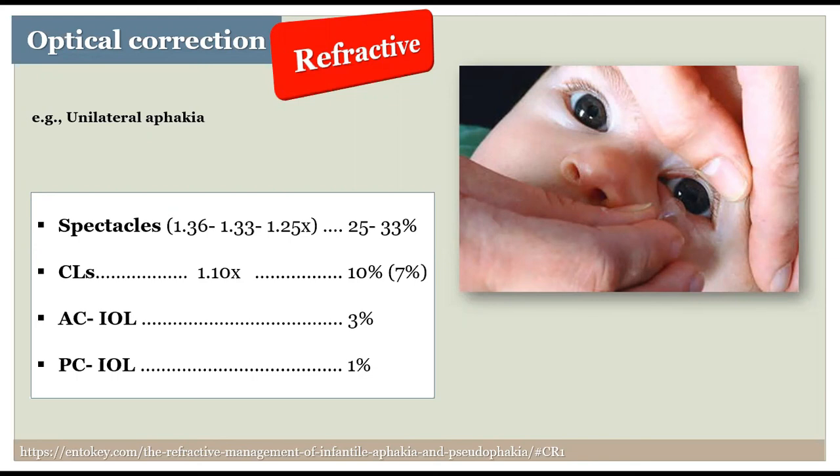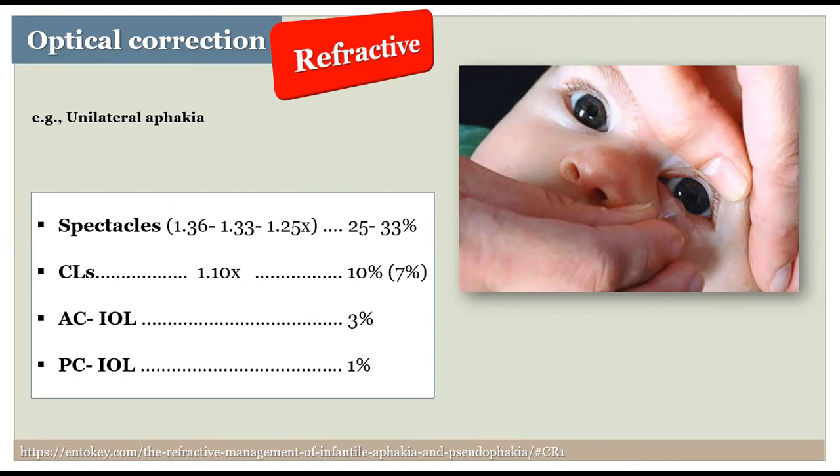So when the RSM is 1.25, it means we have 25% magnification, whereas a contact lens magnifies about 10%, or some resources say 7%. I want you to note the different ways of documenting the magnification. In RSM, we can use it like this, 1.10, which means 10% magnification.